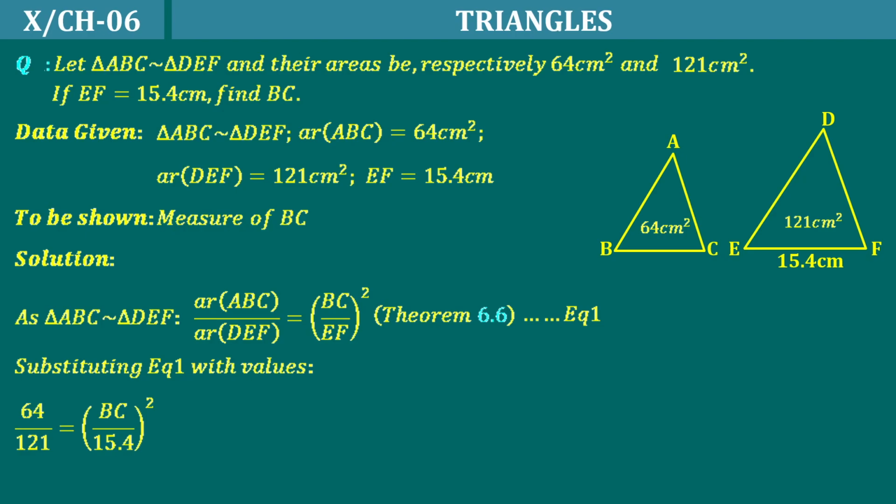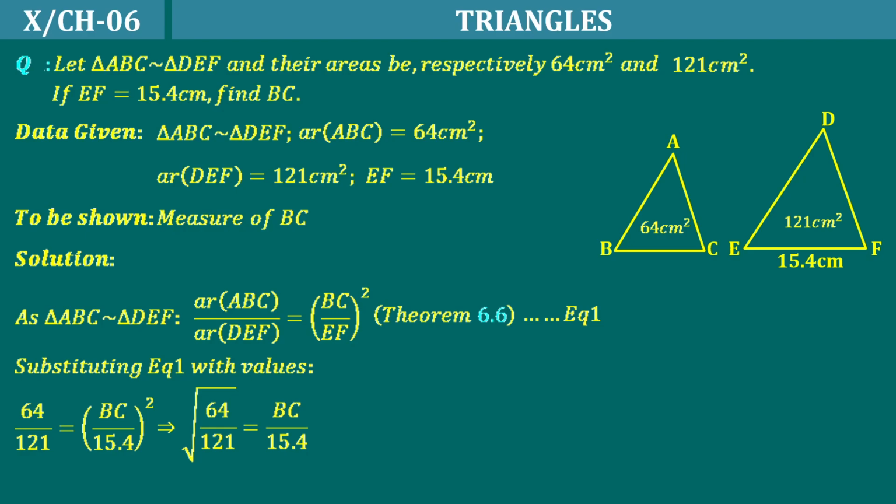We can put it, 100% without fail, on the answer point, but not during the course of calculation. Remember this. So we need to take the square root on both sides to get rid of the square, and hence we will get root of 64 by 121 equal to BC by 15.4.